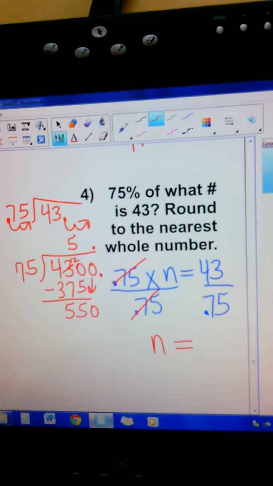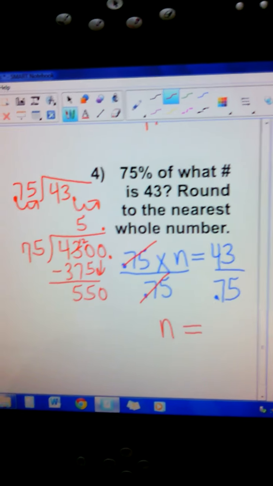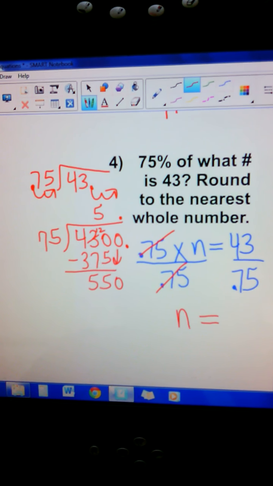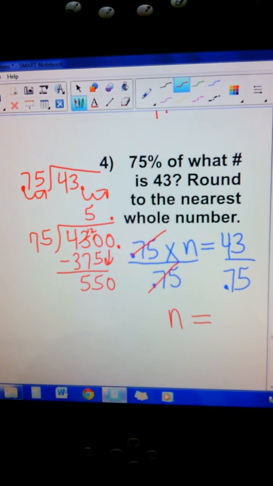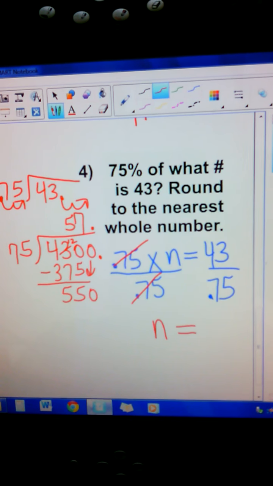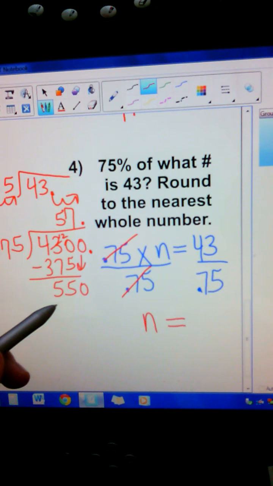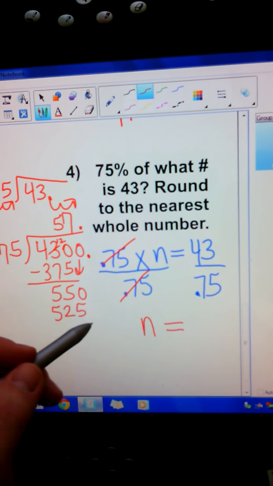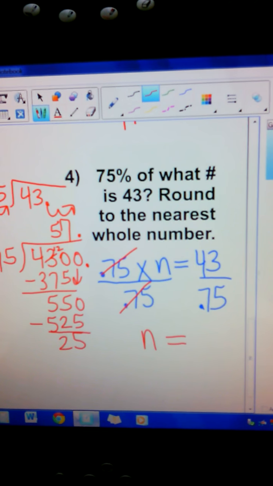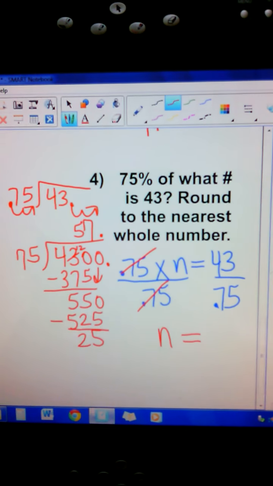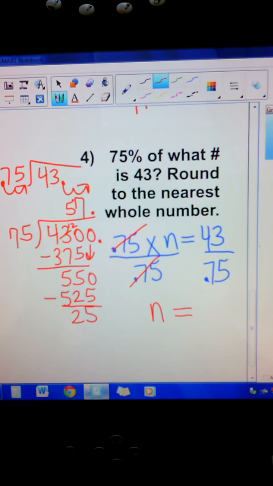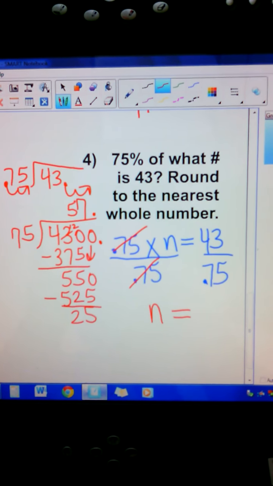Bring down your next digit, and we need to figure out how much 75 can go into 550. So that will go 7 times, giving us 525. Now we need to round our answer to the nearest whole number, but we need to divide one more time.